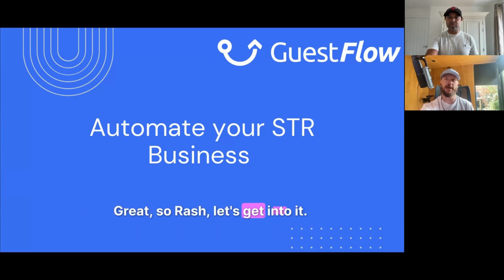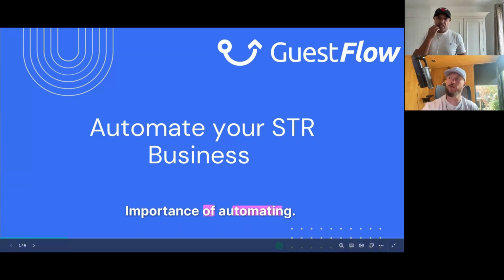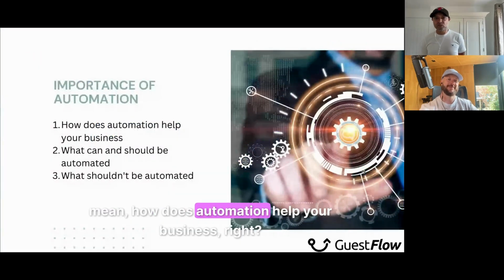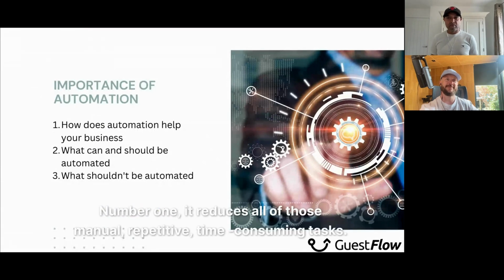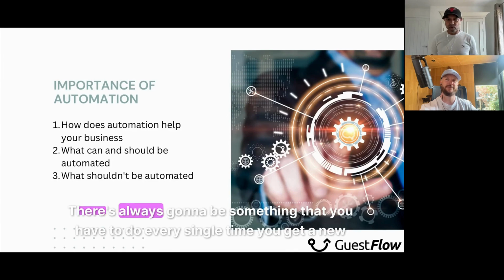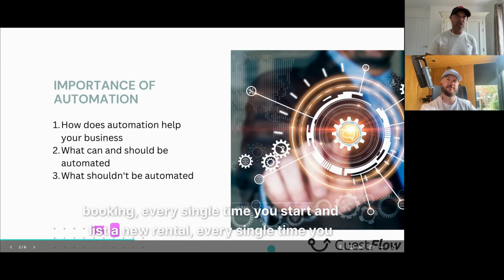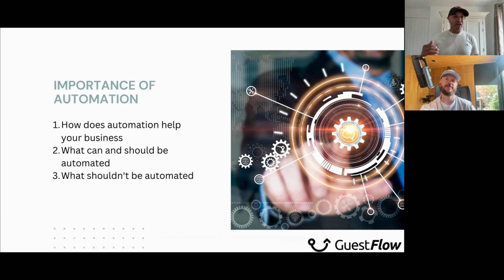Great. So Rash, let's get into it. Importance of automating. Yeah, cool. How does automation help your business, right? Number one, it reduces all of those manual, repetitive, time-consuming tasks. There's always going to be something that you have to do every single time you get a new booking, every single time you list a new rental, every single time you do another process.